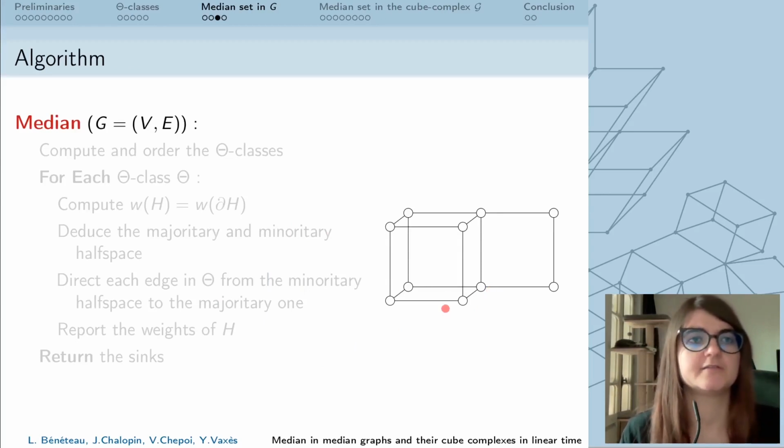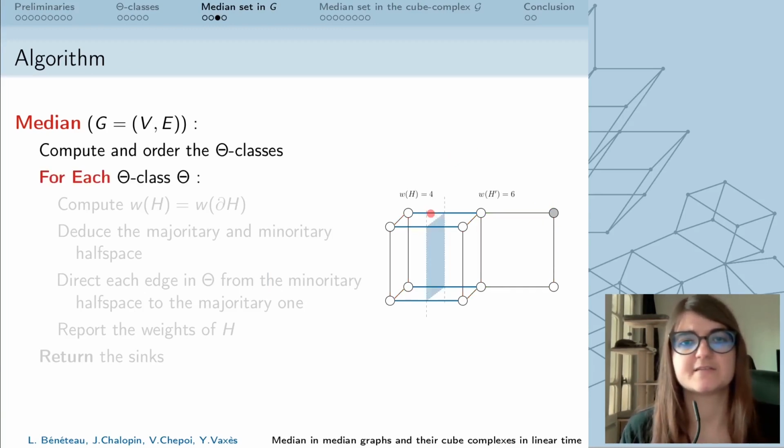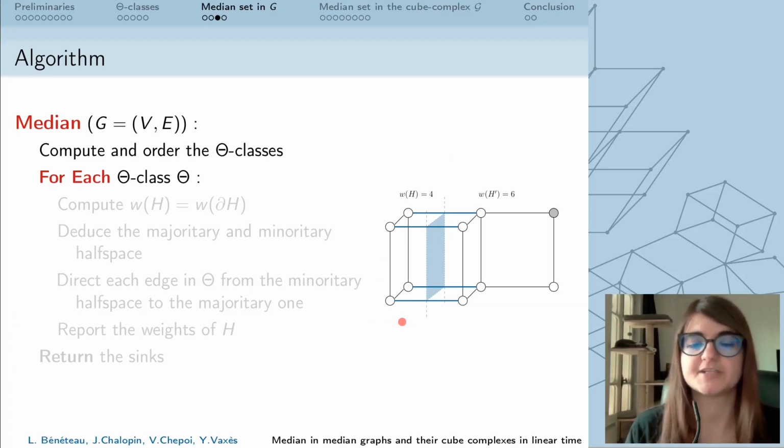So now coming to the algorithm to compute the median set in linear time. First of all, we compute and order the theta classes by distance to V0, and then we take the theta class that is the furthest apart from V0. Then, by definition, H is a peripheral half space by the peripheral half space property.